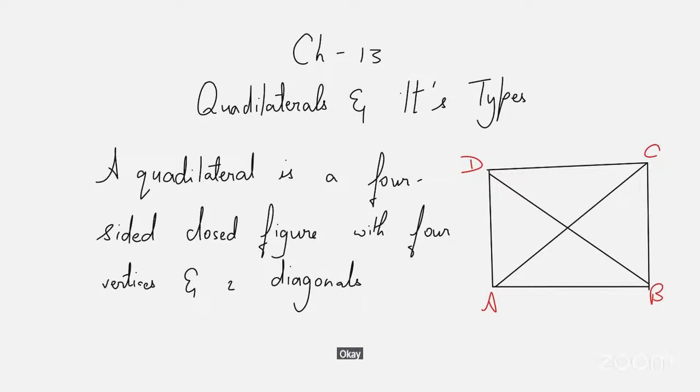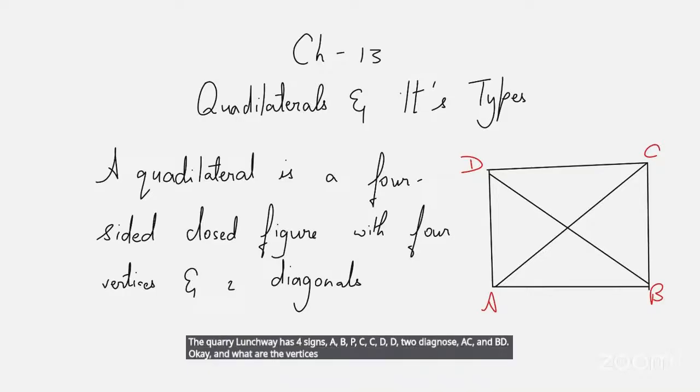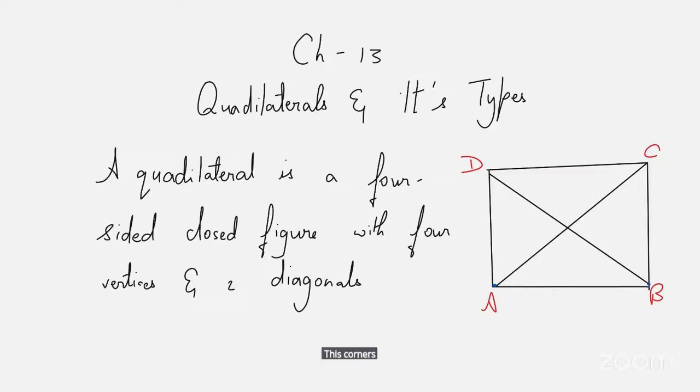Okay. Now, the quadrilateral has four sides AB, BC, CD, DA, and two diagonals AC and BD. Okay, and what are the vertices again? These corners A, B, C, and D are the vertices. Diagonals are AC and BD.